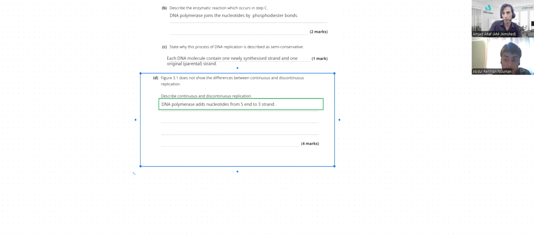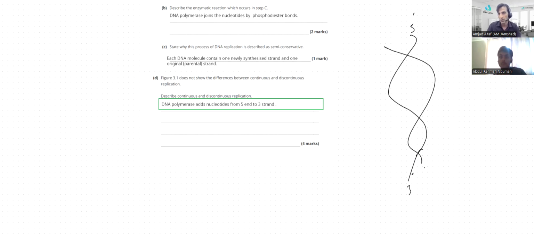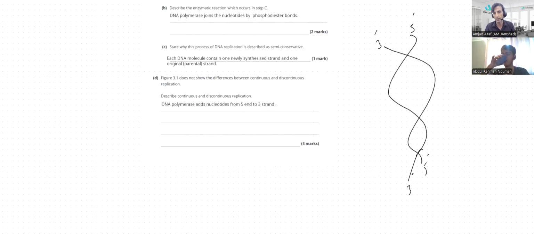These are opposite strands, we have double helixes there. Suppose this is from 5 to 3 direction, and the other one is 5 prime to 3 prime. In one case, yes, it's possible: the template strand which is from 3 to 5 direction, that's easy, because in that case the replication process would be continuous like this.